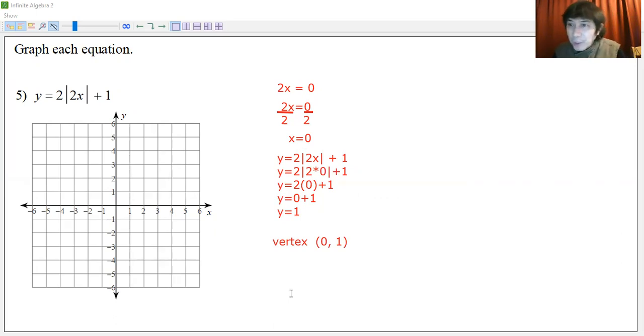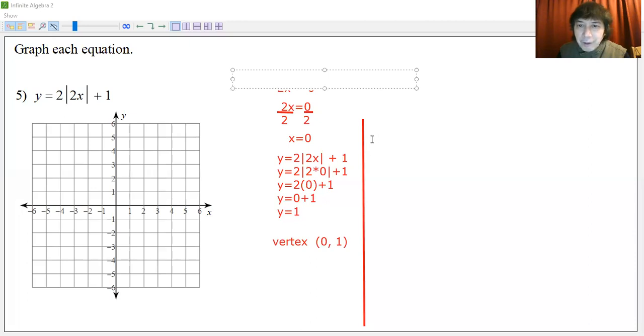Now we need 2 points. Our x is 0, so we shall choose 2 units to the right, of course, and we'll be able to draw. To the right of 0, we will have to choose the positive 2.